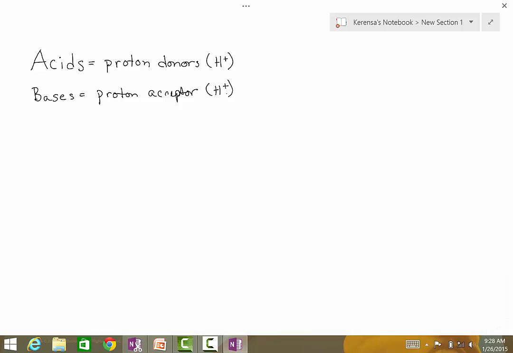Now, in general chemistry, we referred to a Lewis acid as an electron pair acceptor. In organic chemistry, we call that an electrophile.